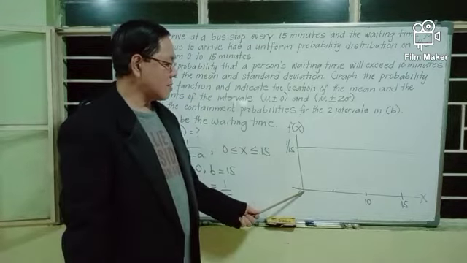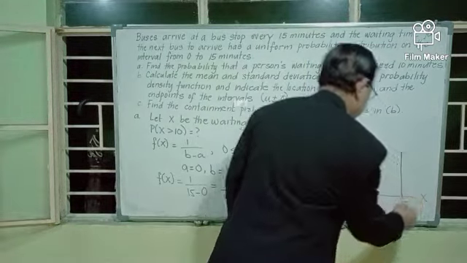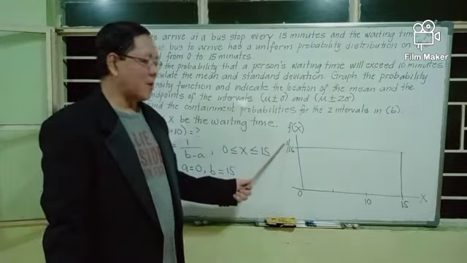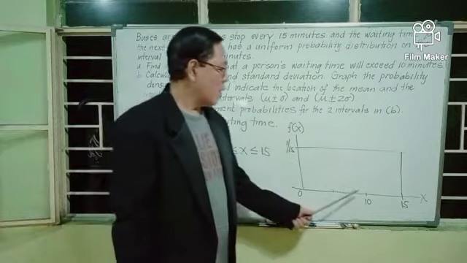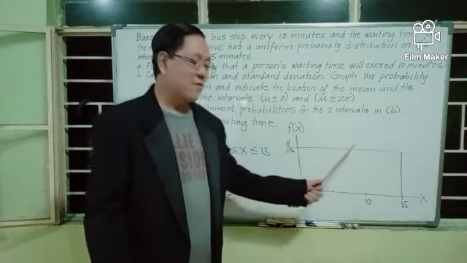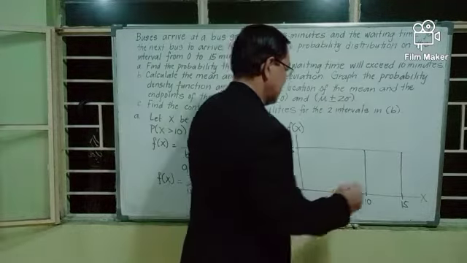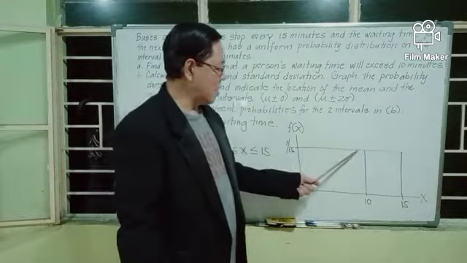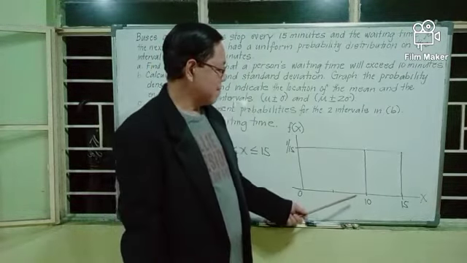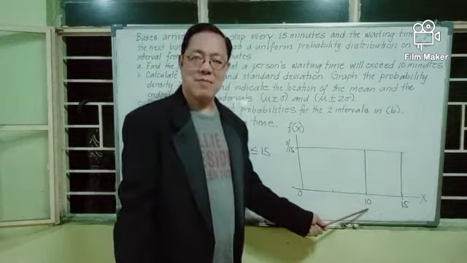For any value of x between 0 and 15, the value of f of x is 1 over 15. When x is 0, f of 0 is 1 over 15. When x is 10, the value of f of 10 is 1 over 15. So the height of this rectangle from 10 to 15 is 1 over 15. And the length of this rectangle is 15 minus 10, which is 5.